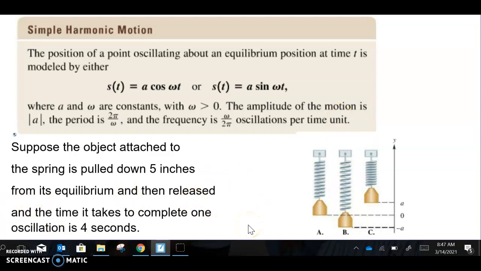By oscillation, it means just like a sine curve: how long it takes to go up, down, and back to the beginning.